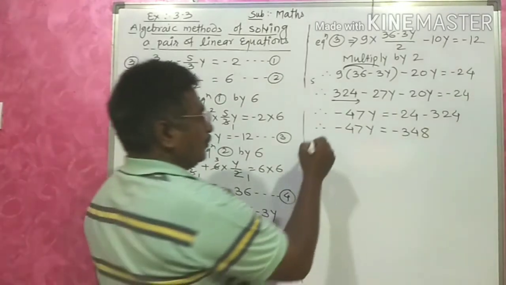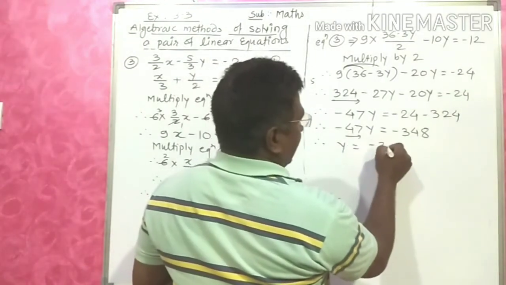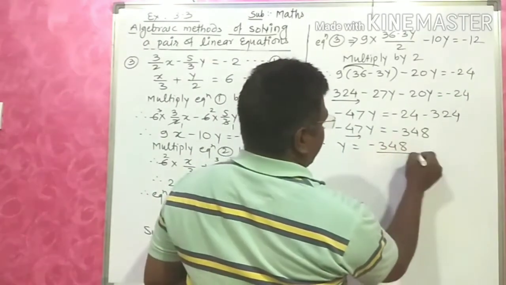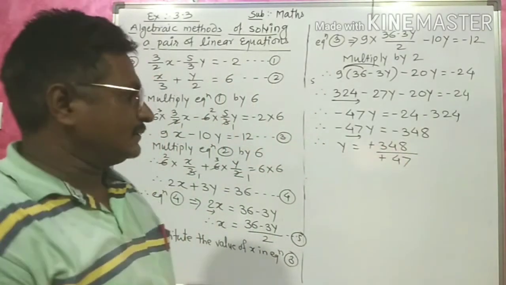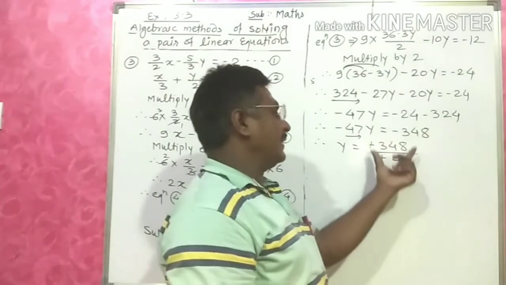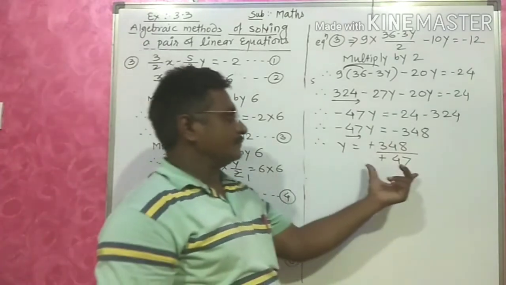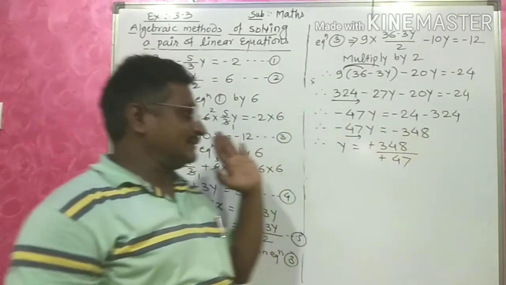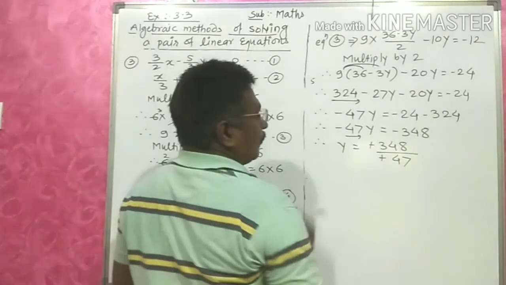Now y equals to, transfer this, minus 348 by minus 47. Minus minus cancel. Now if it is divisible, then you can divide it, otherwise keep it as it is. Understood, student? This is the value of y.